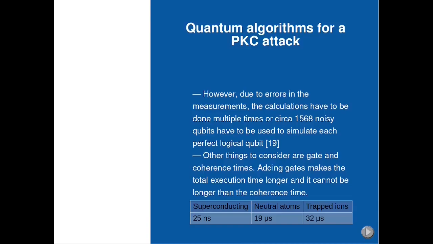Also, there is something called the coherence time, which is the time that a qubit can remain with its quantum properties. So a computation cannot be longer than this coherence time. This is another problem.